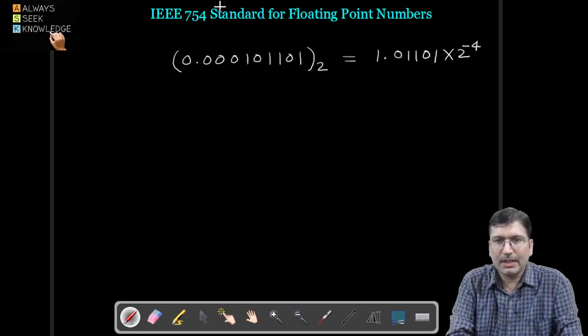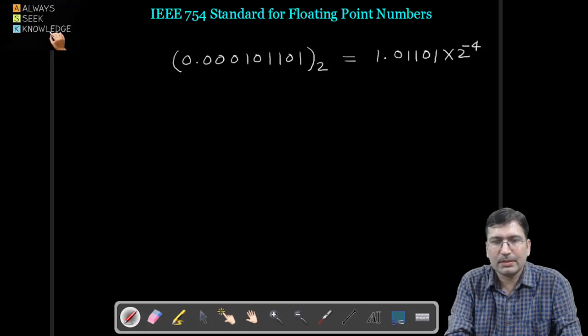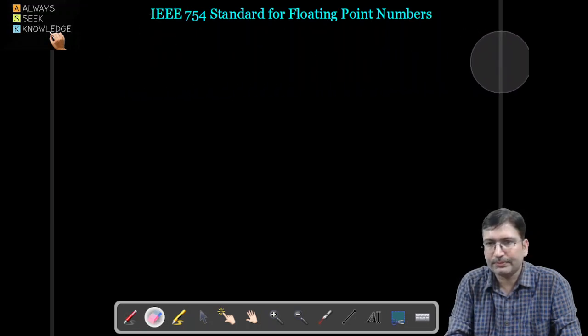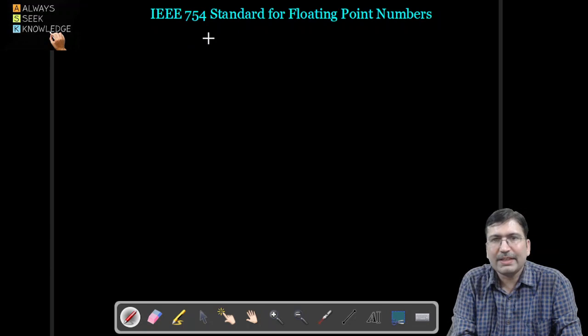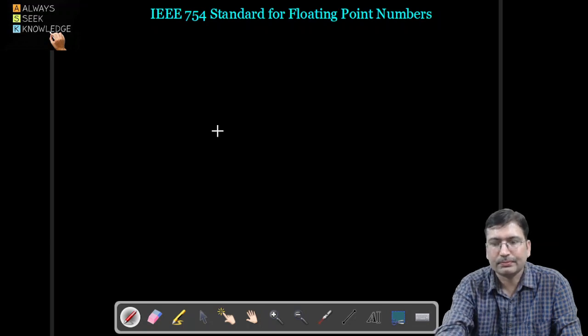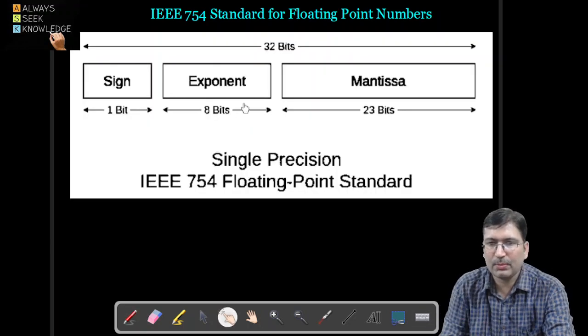So let's discuss the IEEE 754 standards for floating point numbers with this background. There are two things that have been given. A floating point number can be stored inside the machine by following the single precision or double precision format. So let's first talk about the single precision format.